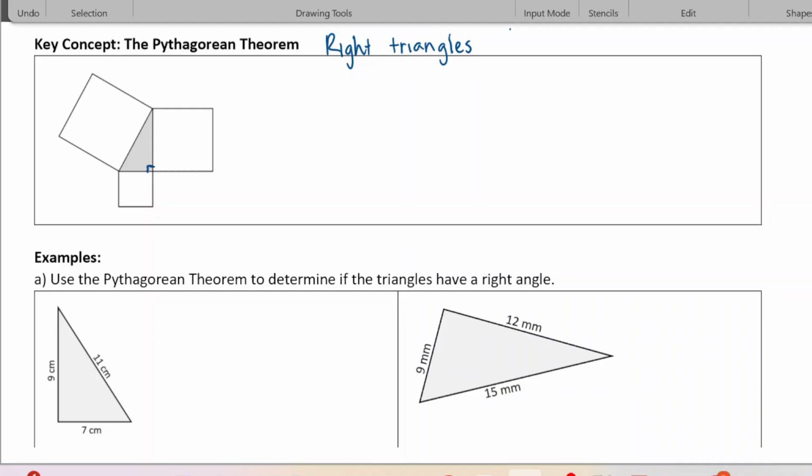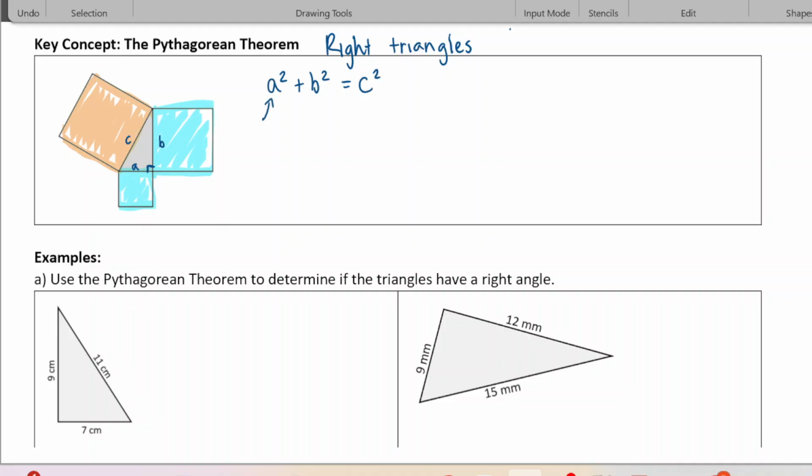When you have a right triangle, there's a rule that if you take the squares of both the smaller sides, typically we call those sides A and B, and add up those squares, so the areas of these two blue squares that I'm shading in here, they always add up to the area of the square along the longest side, which we typically call C. A lot of people remember this rule as A squared plus B squared equals C squared.